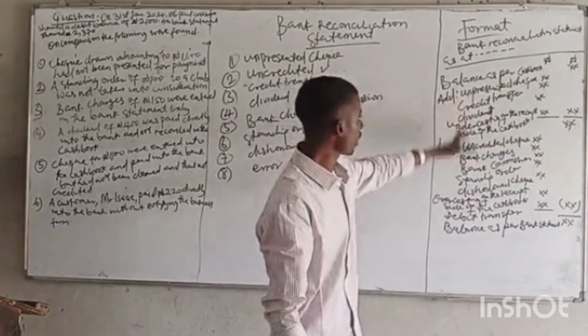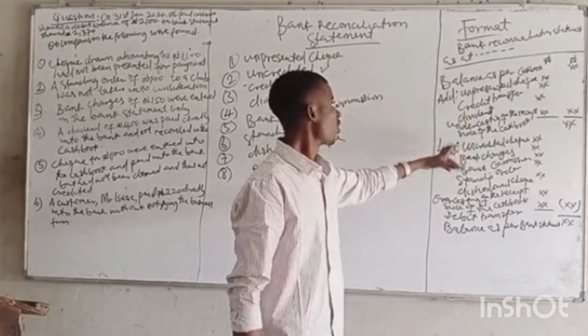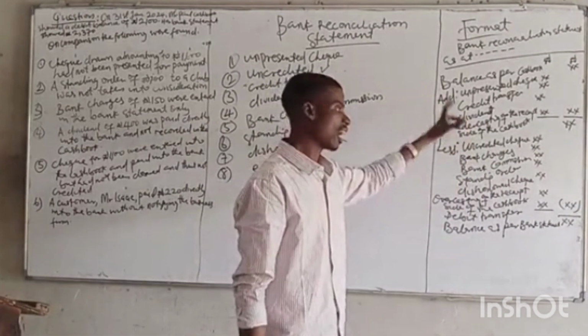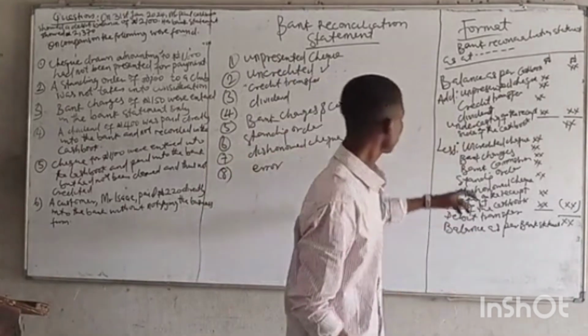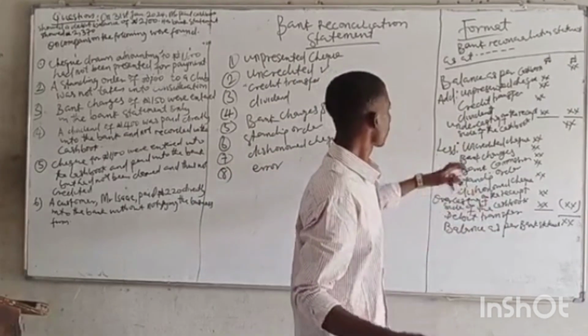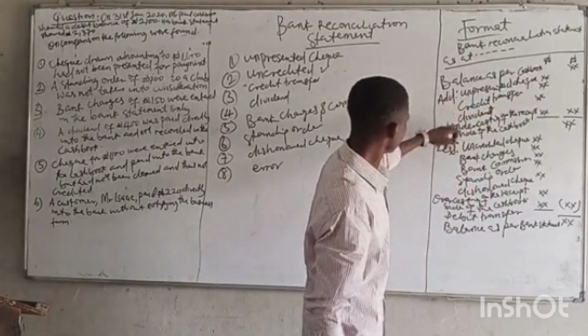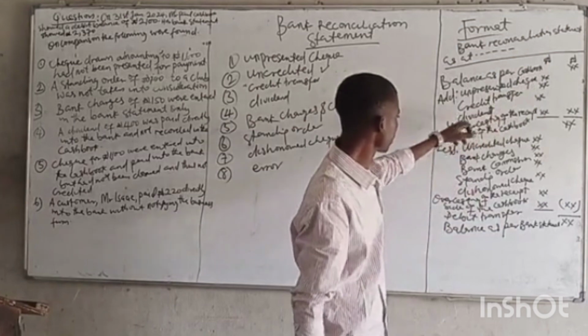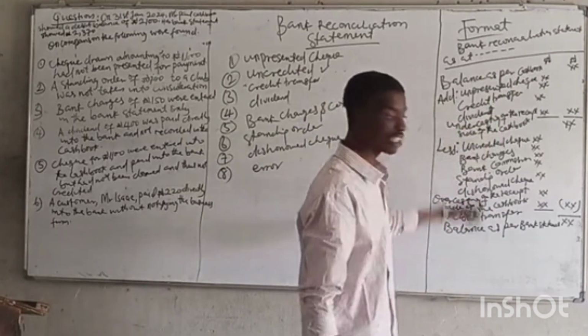This is the typical format of how to prepare bank reconciliation statement when the causes of difference are given. And remember, if you are starting at balance as per cash book, you add the above: unpresented check, credit transfer, dividend, and undercasting on the receipt side of the cash book, and then you less the rest.